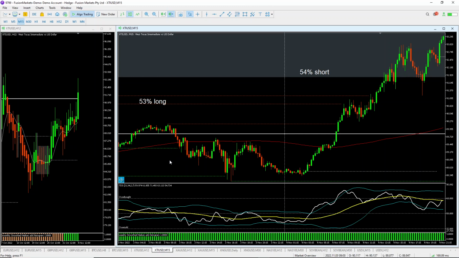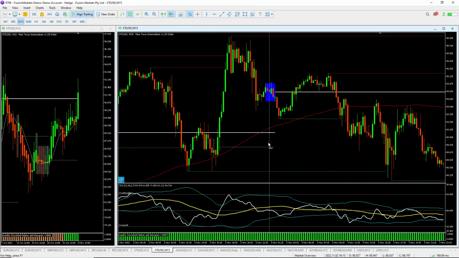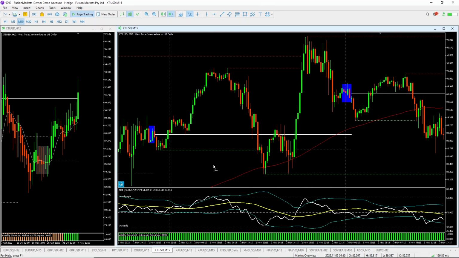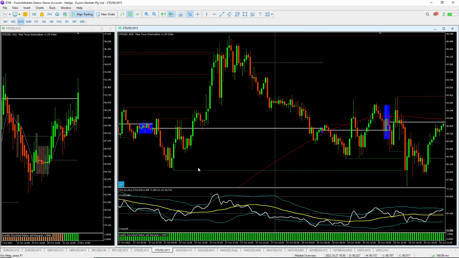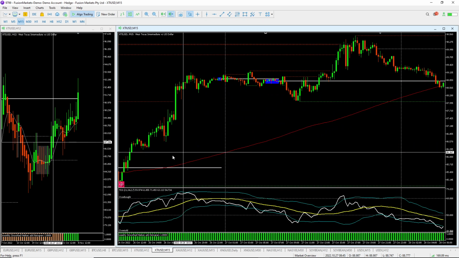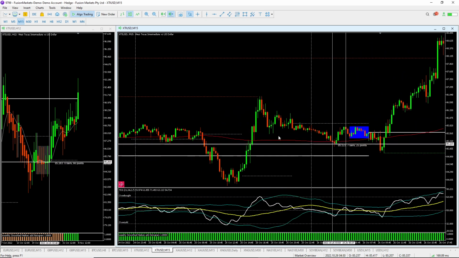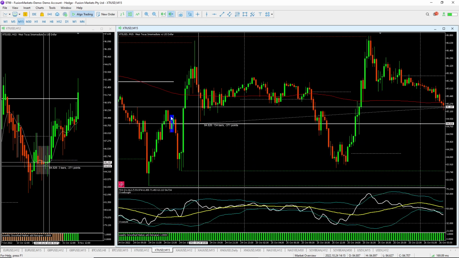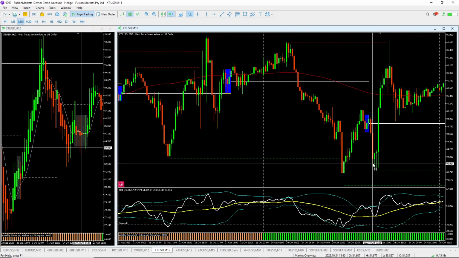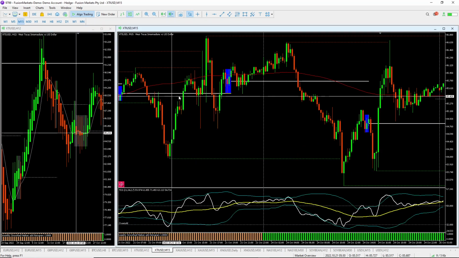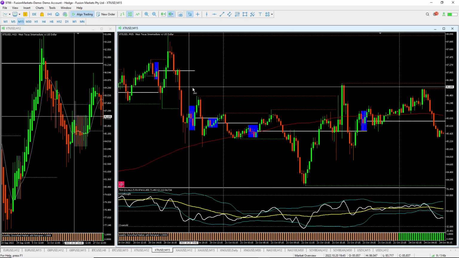It's not a technical problem, it's a psychological problem. Let's see just a couple more examples here and then that's it. Let's just take a look at that down leg and then that up leg, and I think we're good.